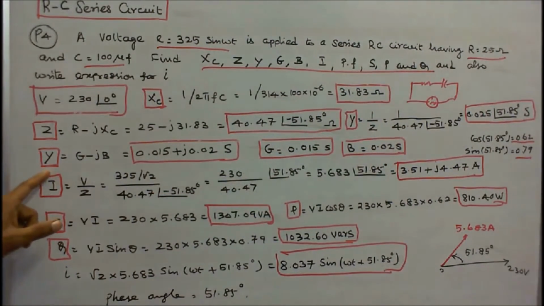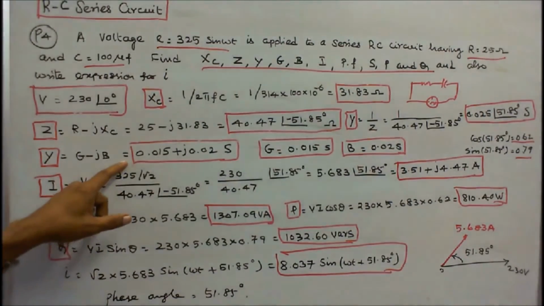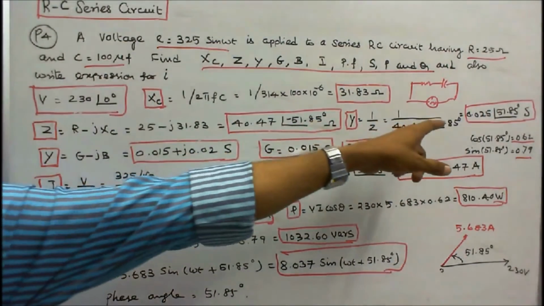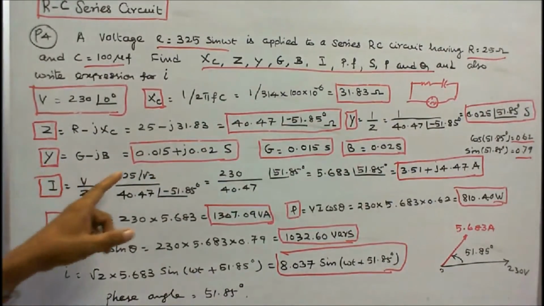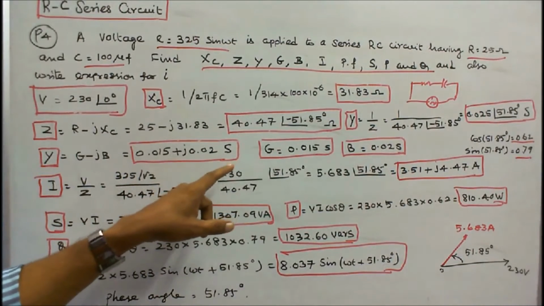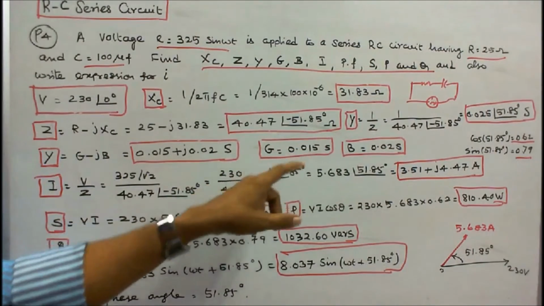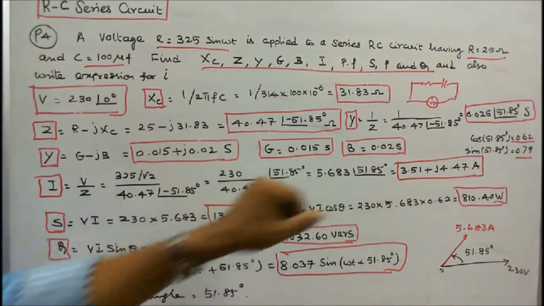Admittance Y = conductance minus susceptance, G − jB. This is in polar form, converted to rectangular form: 0.015 + j0.02 siemens. G = 0.015 siemens, B = 0.02 siemens.